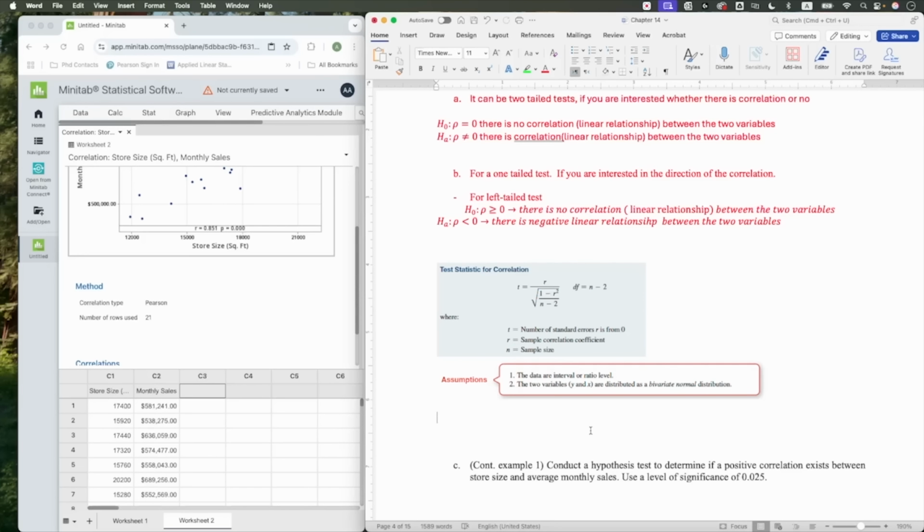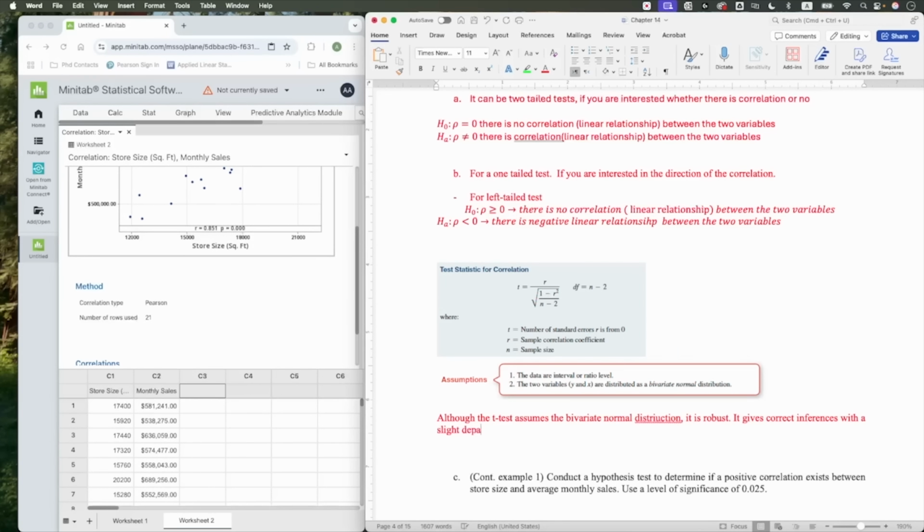Sometimes we have a slight departure from the normal distribution assumption, but that's okay. So although the t-test assumes the bivariate normal distribution, it still gives correct inferences with a slight departure from normality.